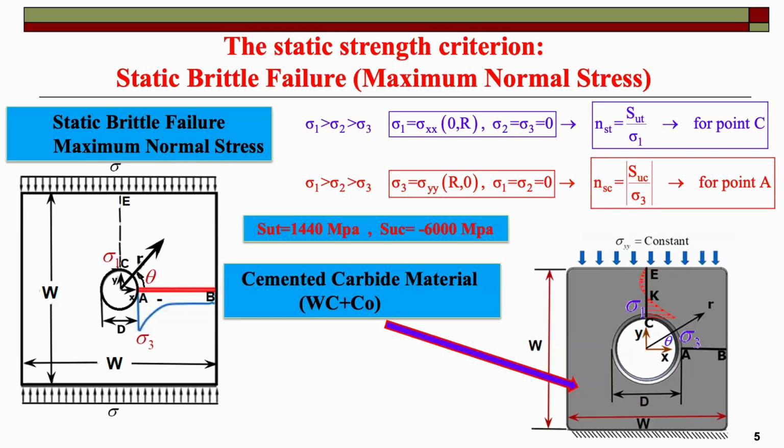The maximum principal stress is at point C, and the minimum normal stress in compression is at point A. So we can know the factor of safety for compression and for tension.